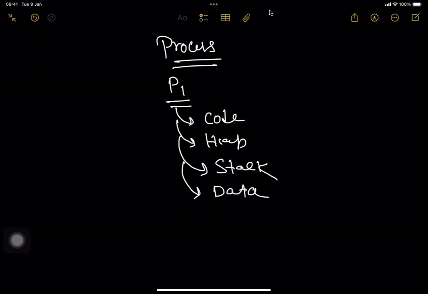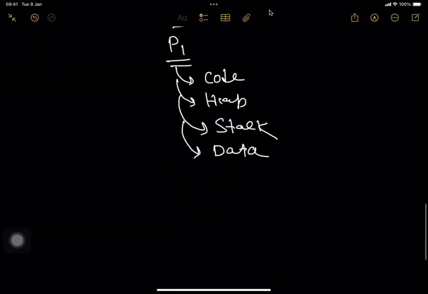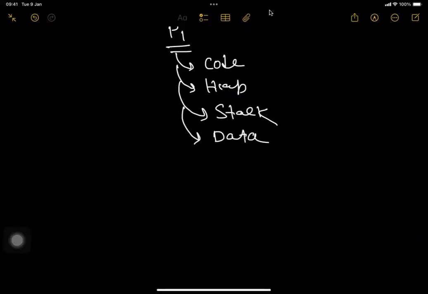Clear? Okay. So when you start a process, let us assume I start Chrome, and in my system this Zoom is running, so it's occupying a certain memory, right? It takes a lot of memory.